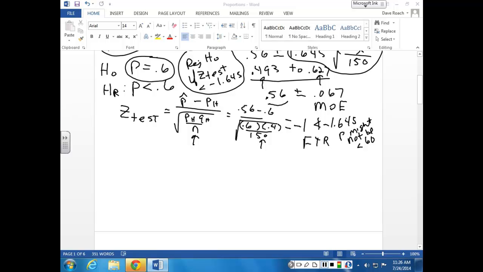We have a z-test equal to minus 1, and if you would look on your z-table, that goes with 0.3413, half of about 68. You've seen that on your z-table plenty of times. I don't happen to have one pulled up right now, but you can look on your z-table and verify that if you go to 1.0, you would have an area of 0.3413.